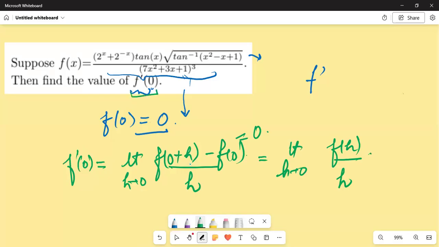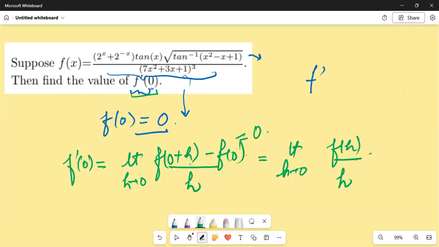And this is the best part, because if you had done this question using the chain rule, you would have ended up filling at least 2 pages of your notebook, and then you would have got your final answer.